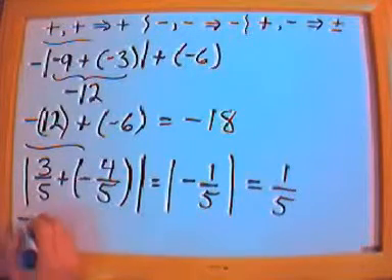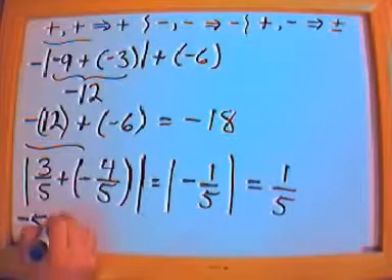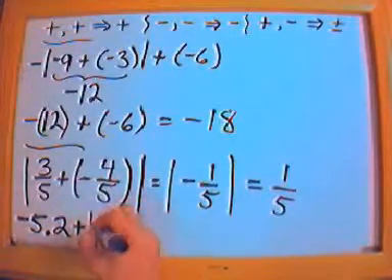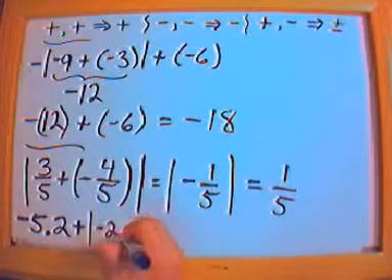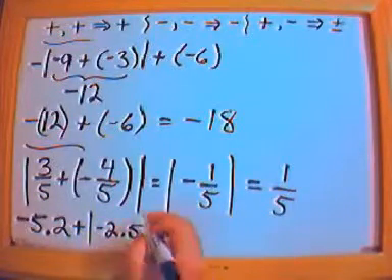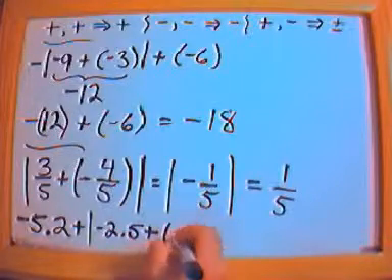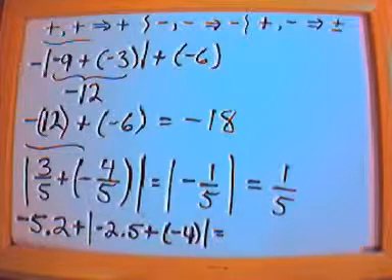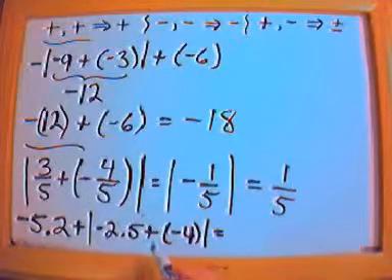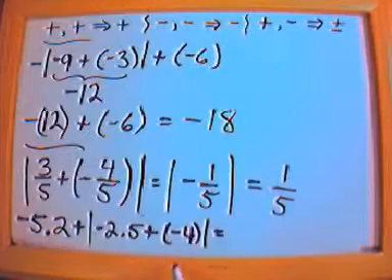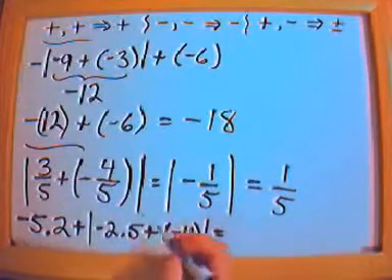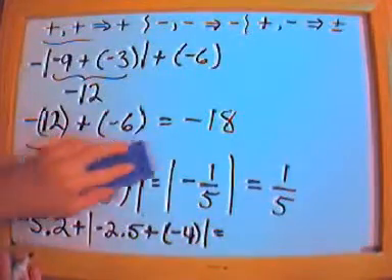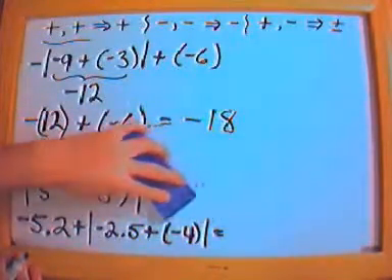I've got minus 5.2 plus absolute value of minus 2.5 plus negative 4. Well, negative 2.5 plus negative 4 is going to be inside of here anyway. Let me just make it a little bit easier. Let me just get rid of some of this stuff right above.